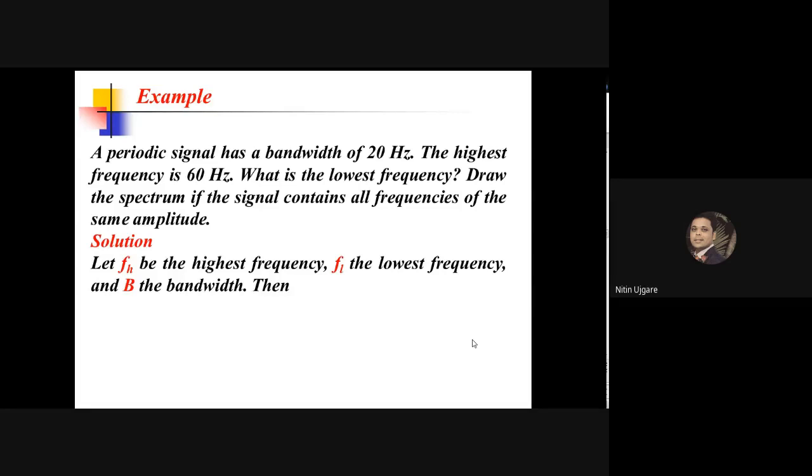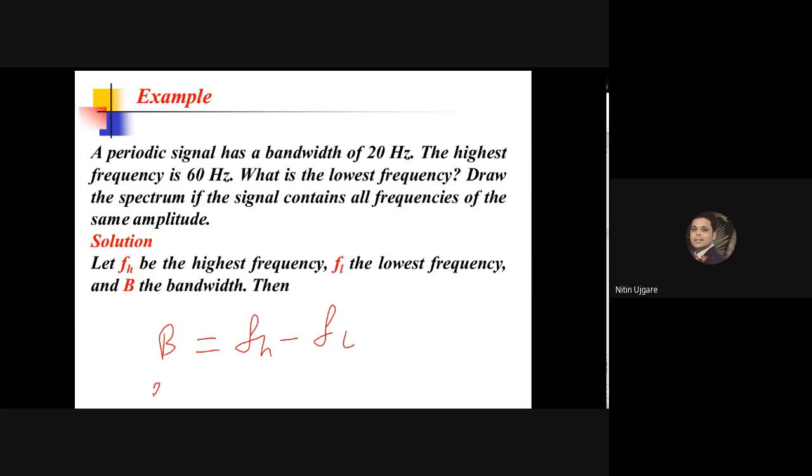Actually, I'm extremely sorry. We're supposed to find out the lowest frequency in this example, because the bandwidth is given to us and the highest frequency is given to us, right? So we know that the bandwidth B is calculated as the highest frequency minus lowest frequency.